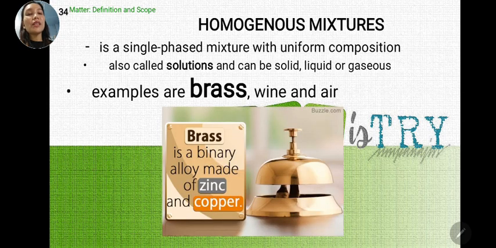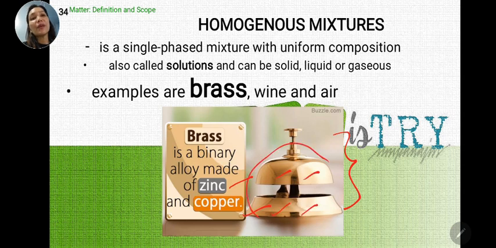So, example is, kung titingnan mo tong ringer or doorbell, brass yan. Kapag tiningnan natin siya, parang isang compound lang siya. Pero it's actually an alloy made of zinc and copper. Pero hindi mo na siya madadetermine kung nasan yung zinc or copper dyan kapag tiningnan natin siya with our naked eye.